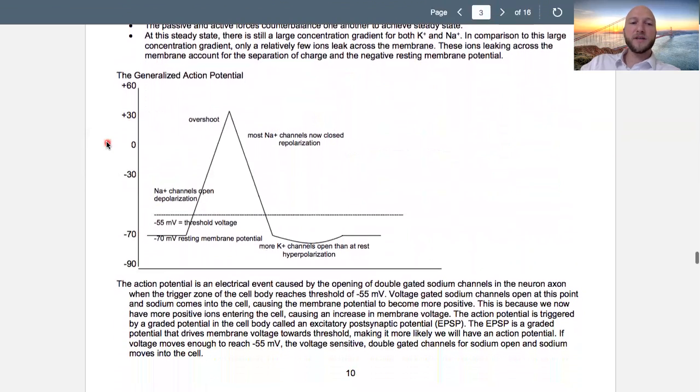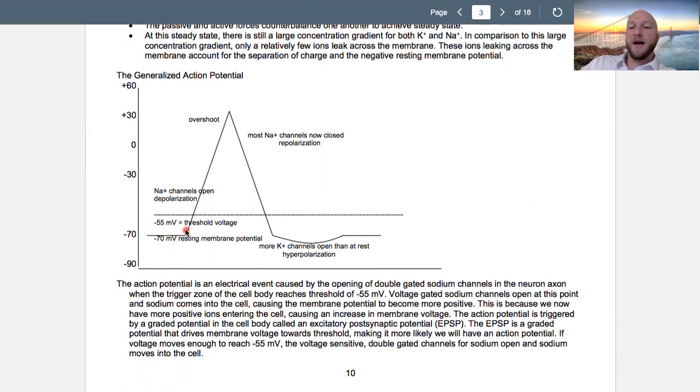All right, so down here, the generalized action potentials. We just talked about how resting membrane potential is set up. We talked about how you can have graded potentials, IPSPs and EPSPs, if you change the membrane permeability to different ions.